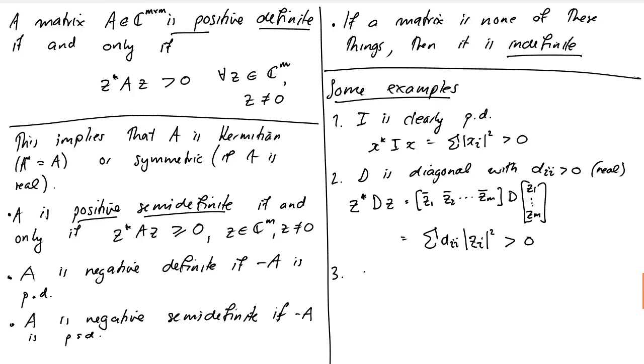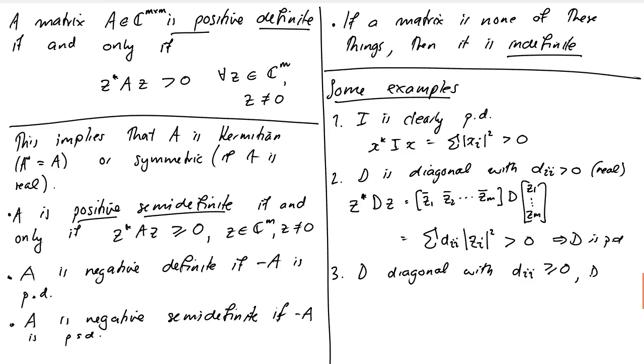Okay, so number 3, D, so once again D diagonal, with this time dii greater than or equal to 0, then D is, sorry, I should have said before D is positive definite.